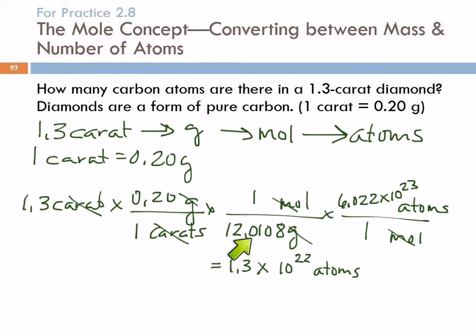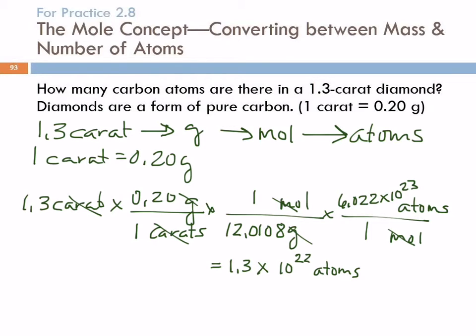I do not want to have my molar mass limit the number of significant figures. We also don't want to introduce rounding errors. So what I would say is you want to use at least 4 significant figures in your molar mass. So if you want to do 12.01, that's fine. Carbon is really close to 12, and so if you rounded it to 12, it probably wouldn't cause a problem.